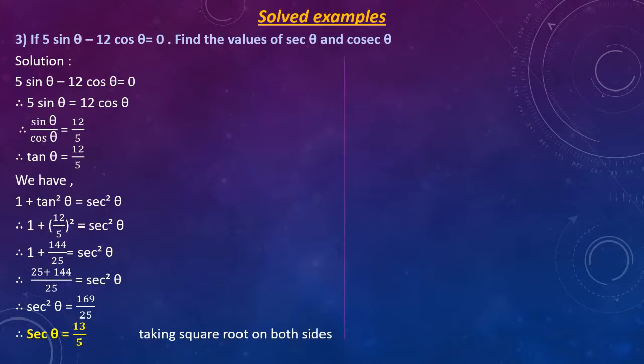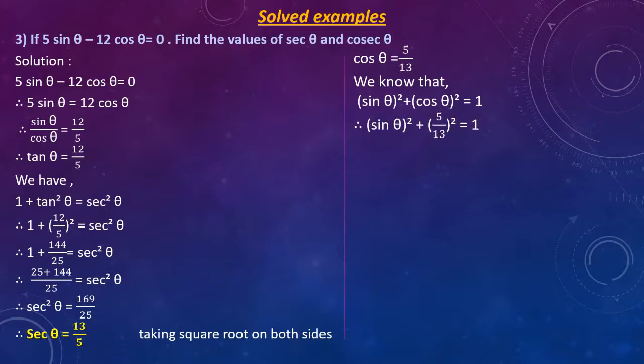We can find out the value of cosec theta as well. Let us see how. Now cos theta will be multiplicative inverse of sec theta. So if sec theta is 13 upon 5, cos theta will be 5 upon 13. Now we know that sin theta square plus cos theta square is equal to 1. So therefore sin theta square plus 5 upon 13 square is equal to 1.